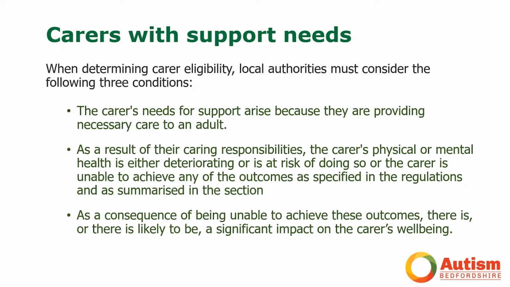And as a result of their care responsibilities, the carer's physical or mental health is either deteriorating or is at risk of doing so, or the carer is unable to achieve any of the outcomes as specified in the regulations and as summarised in the section.